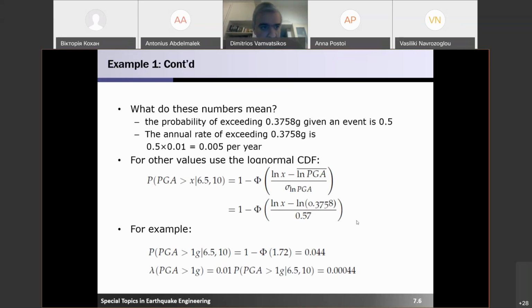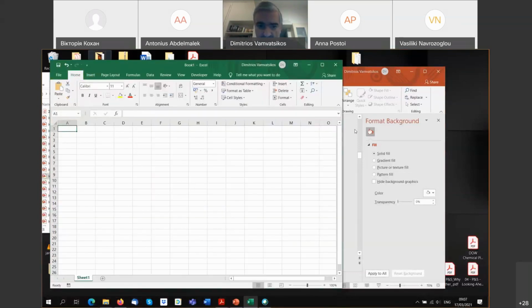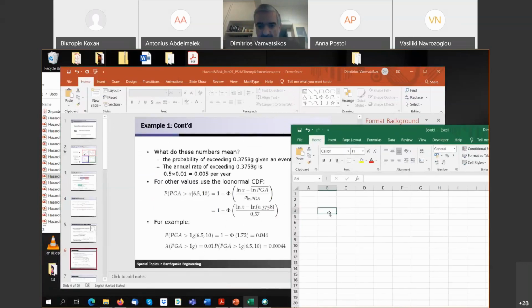To make your life easier, let's calculate this number. I like to have my Excel ready. Let's say the median PGA is 0.3758 G, and your STD log of PGA is 0.57.